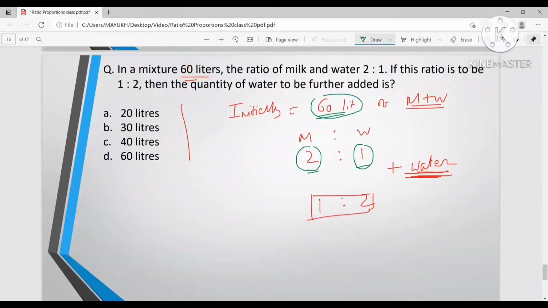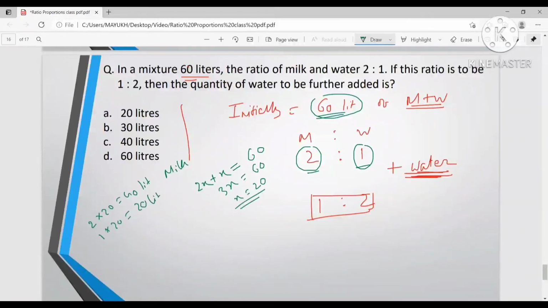Let me consider that 2x liters of milk was there and x liters of water was there. If I add these two, this must be 60. I get 3x is equal to 60 and x is equal to 20. That means I have 2 into 20, that is 40 liters of milk, and 1 into 20, that is 20 liters of water in my initial 60 liters.